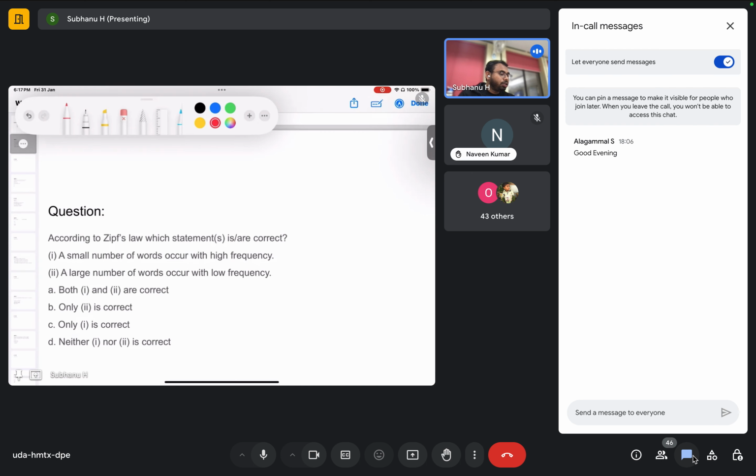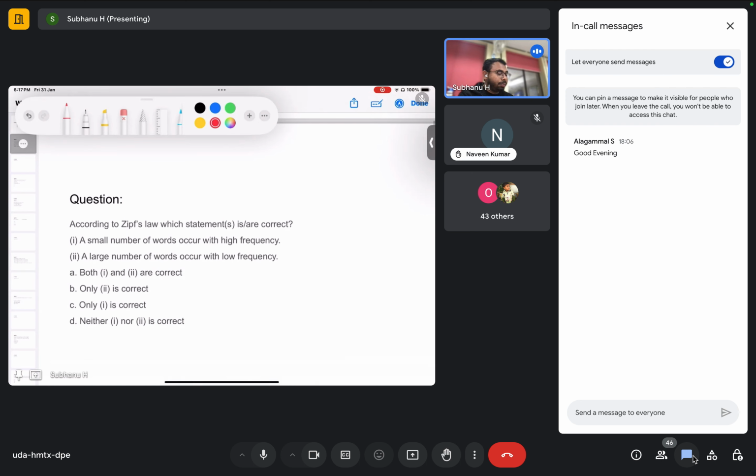Last week we also saw Zipf's law. According to Zipf's law, let's try to solve some questions. This is the first question of today's class. As we go ahead, we'll be seeing more complex questions, where our theory will come up.